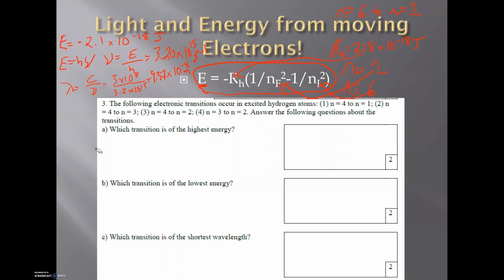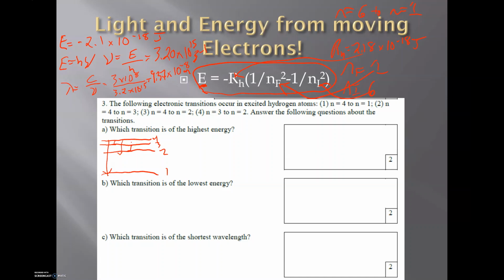Okay, so which transition is of the highest energy? Well, I like to draw a little diagram here. This is a diagram we all can draw. This is 1, 2, 3, and 4. So we have 4 to 1. That's the first transition. 4 to 3. 4 to 2. And then 3 to 2.